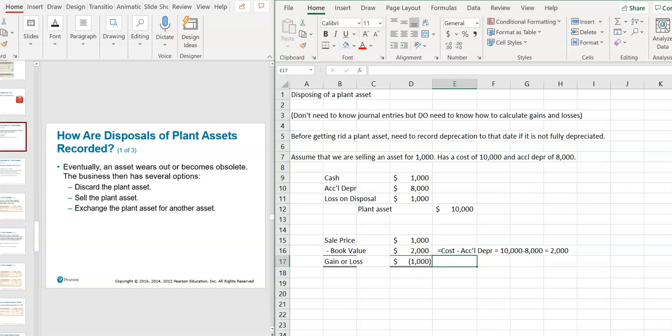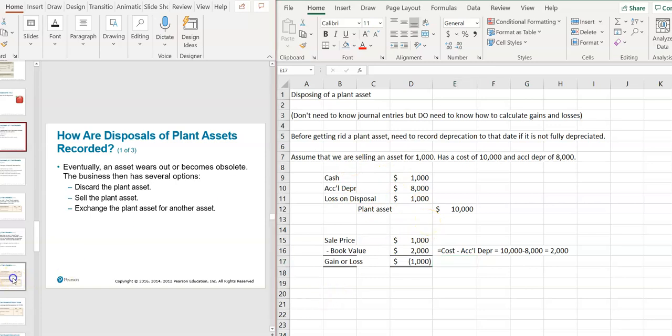Okay? And that's the main thing you need to know. When you're actually doing journal entries, and like I said, if you're an accounting major, we'll do this in intermediate accounting, but you have to take the asset off the books and any related accumulated depreciation. So you'll always have these two items in your entry, and then other stuff will fill in around it.